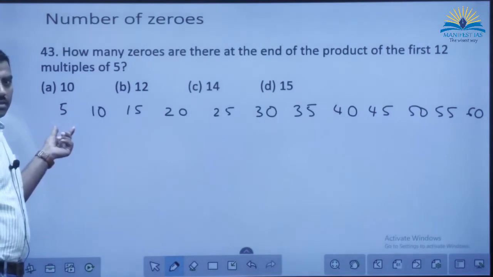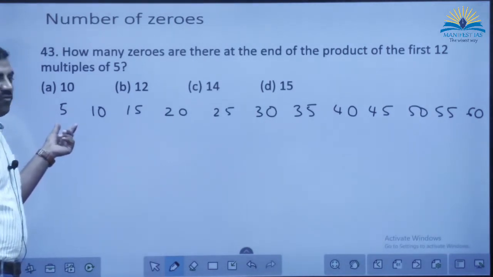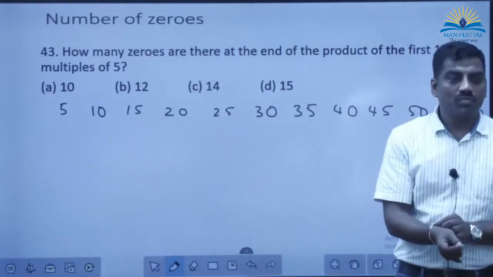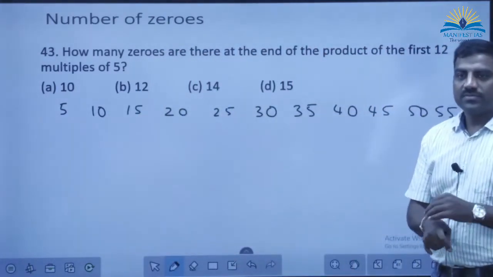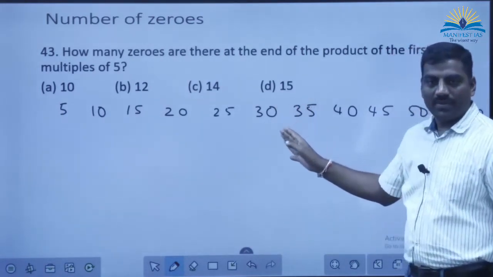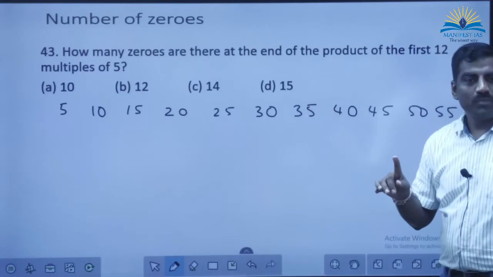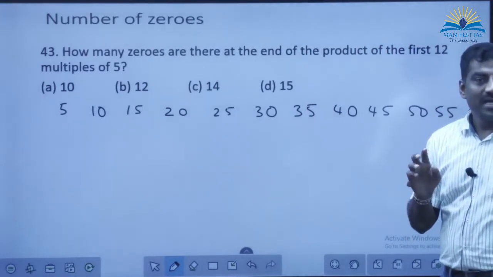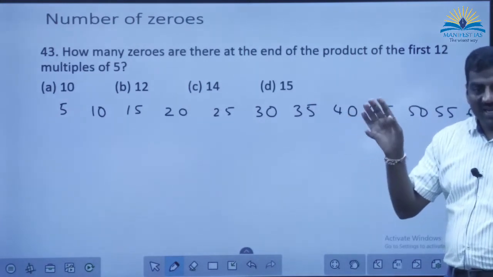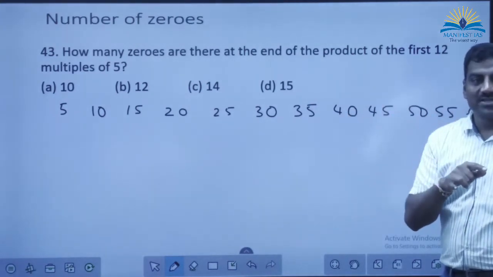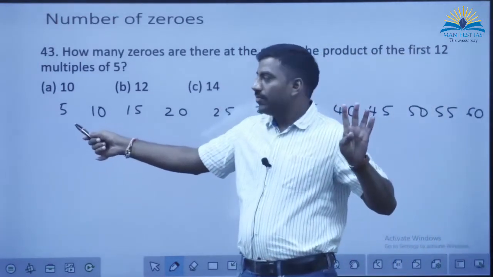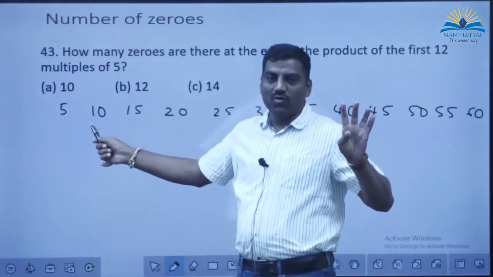Now tell me, how many fives are there and how many twos are there? I am not asking the fives that are printed at the end. How did I write 10? 2 into 5, no? I am asking the factors. In every number there are factors, no? Check those factors. How many fives will we get? I am asking only 5 now.